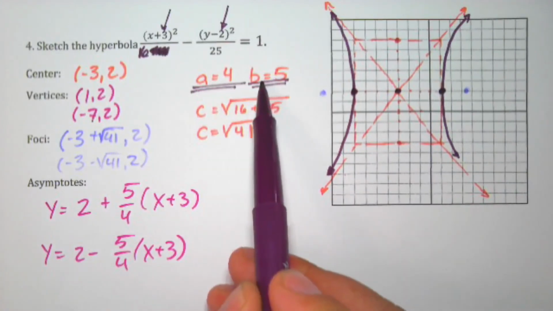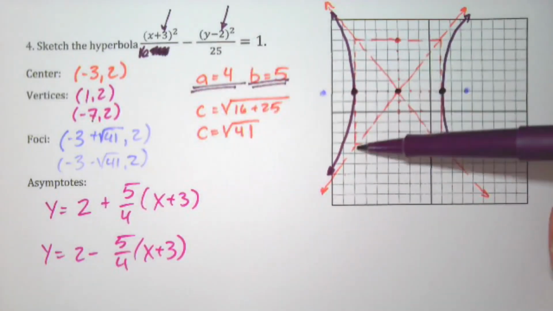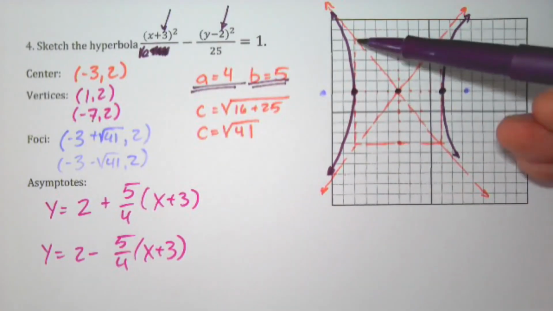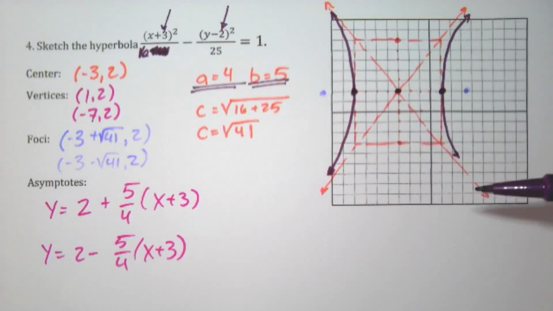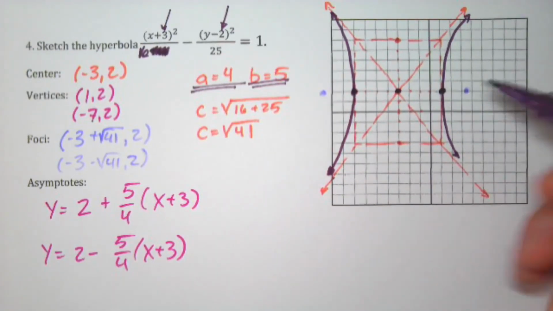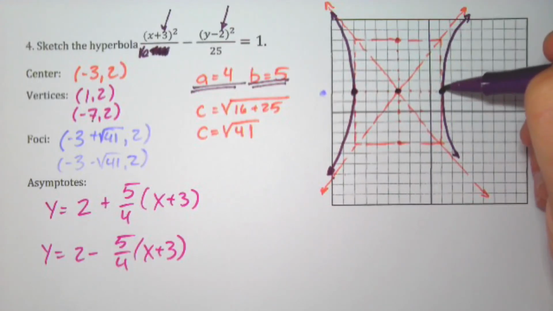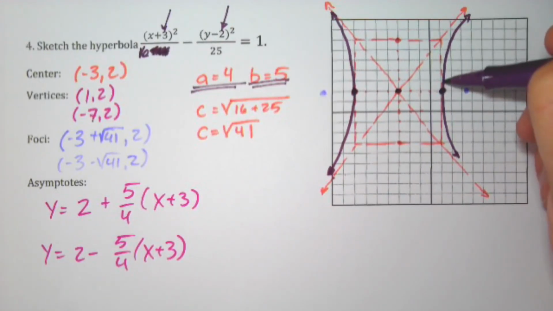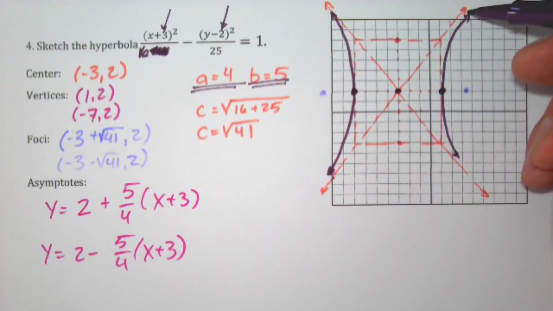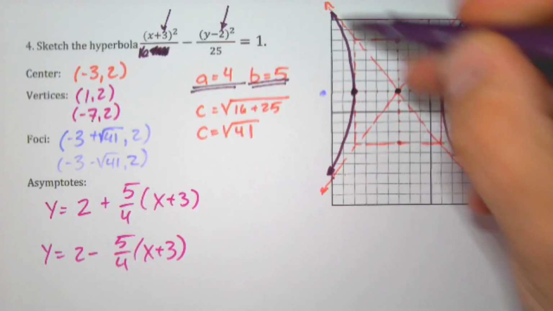So with that a and b, we kind of get our little asymptote box started. So from that center, you have your 2 asymptotes that run corner to corner and all the way through. And then that last touch is to start at each of those vertices. And similar to the shape, but again, not quite the same as a parabola, work your way out towards that asymptote and along it, and you do that for both of those.